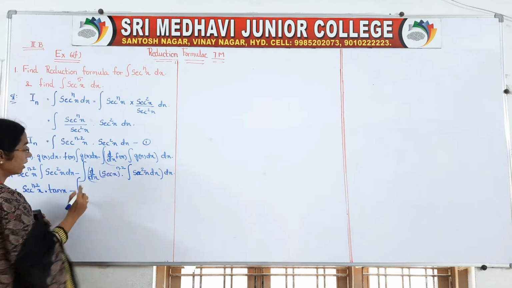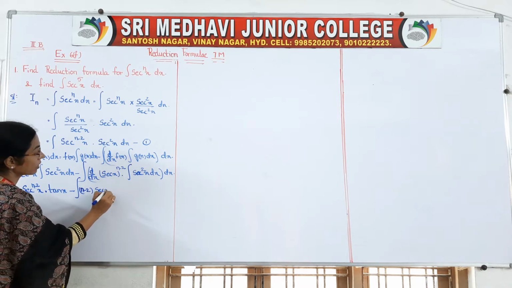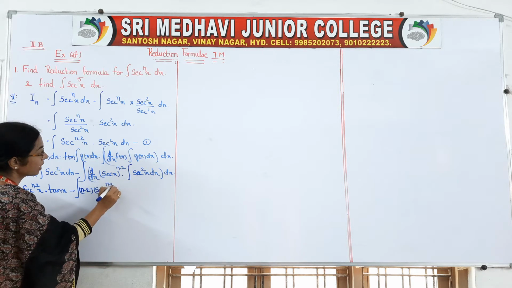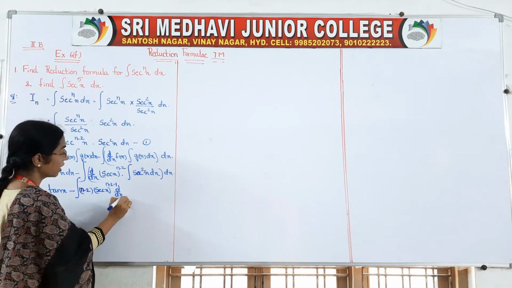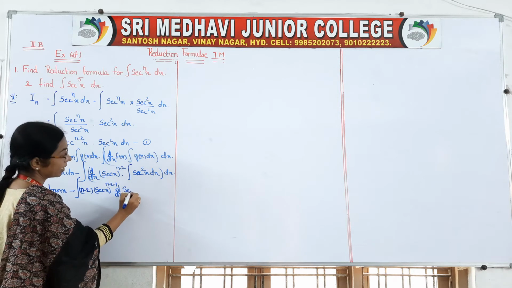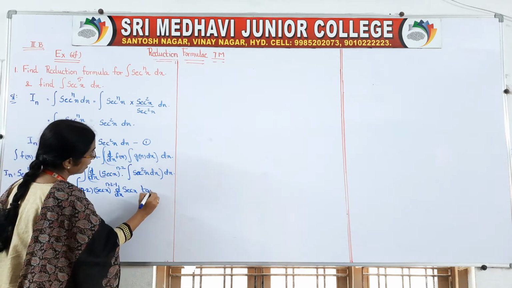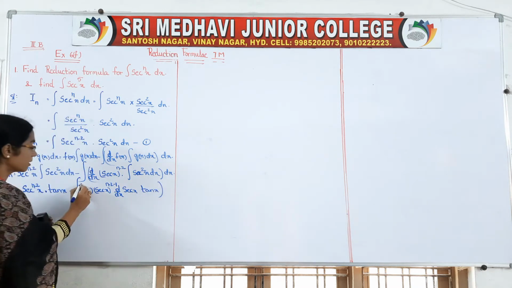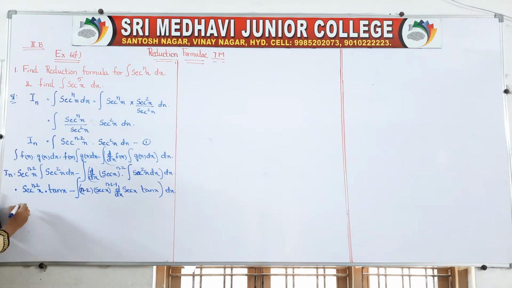So here it is n minus 2 into secant x to the power of n minus 2 minus 1 into d by dx of that variable, which is secant x, right? Integral secant square x is tan x, okay, for this whole dx. Okay, so is equal to, then we can write secant to the power of n minus 2 x into tan x.